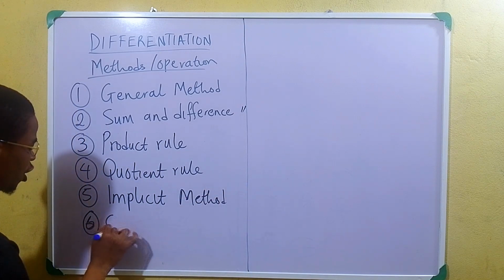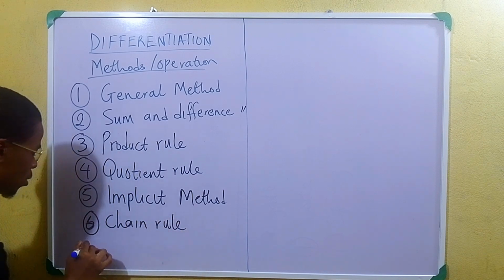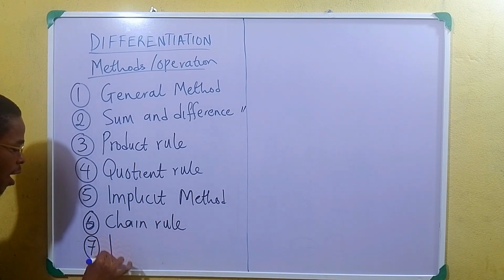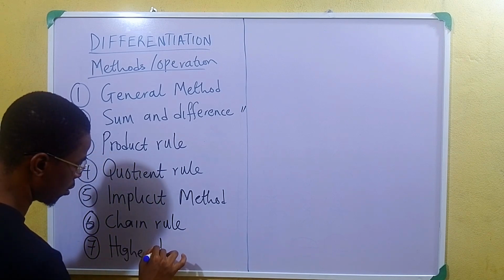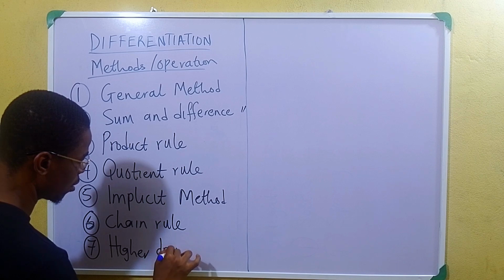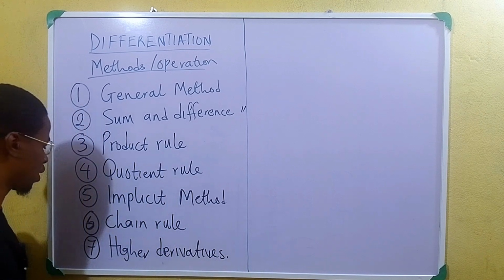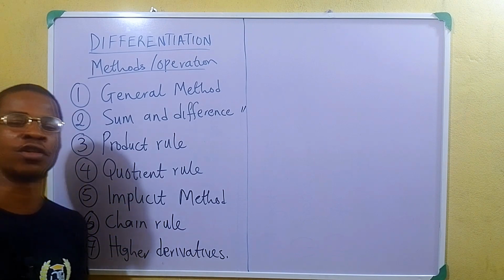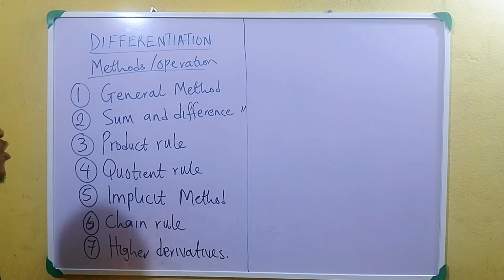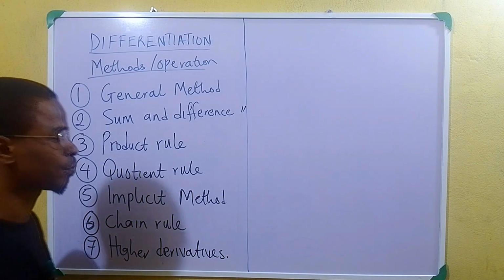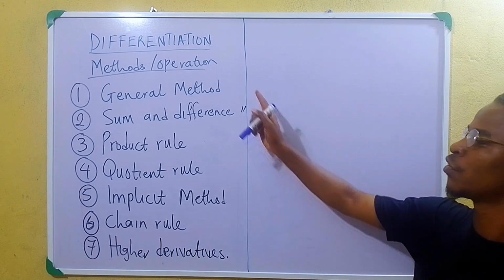We have the chain rule, and then we have higher derivatives. So these are the operations or the methods or rules involved when solving problems on differentiation. So for this class, we'll be dealing with the general method.